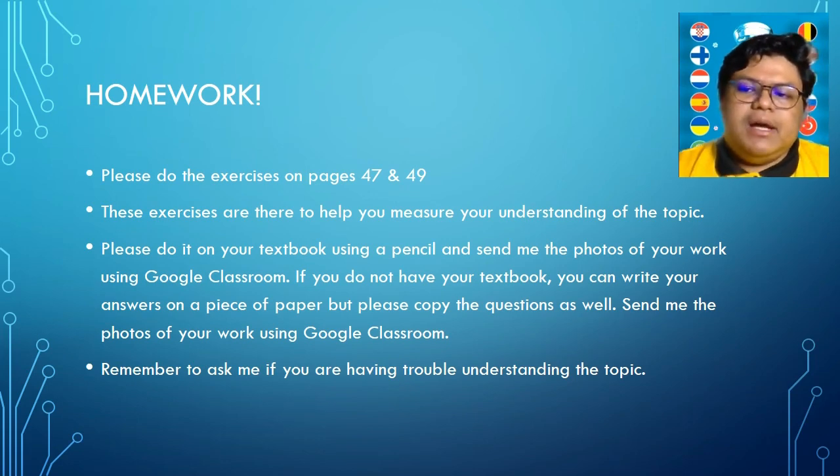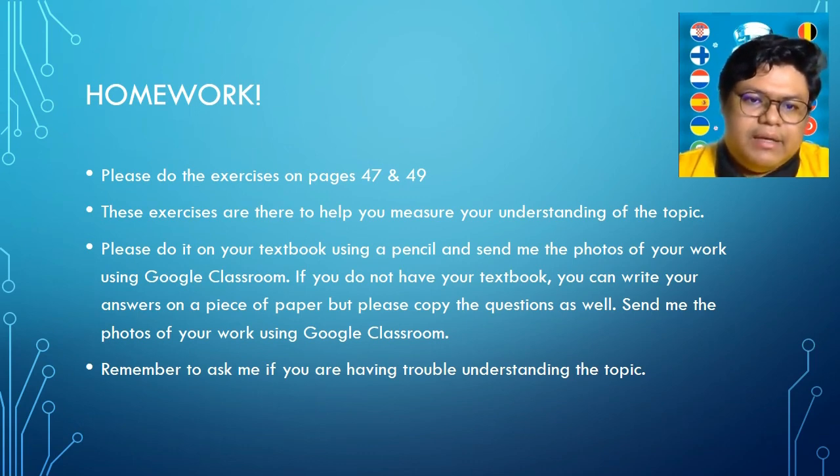Okay. Remember to ask me if you are having trouble understanding the topic. Okay, so tanya saya lah kalau kurang jelas pasal topik hari ni. Okay, so please do your exercise and send the pictures to me using Google Classroom.